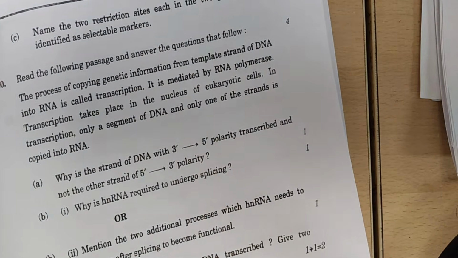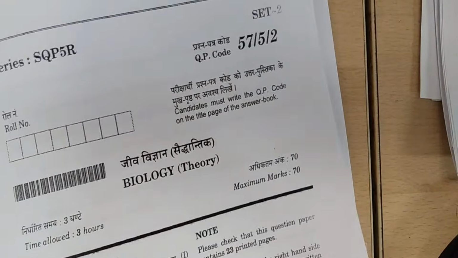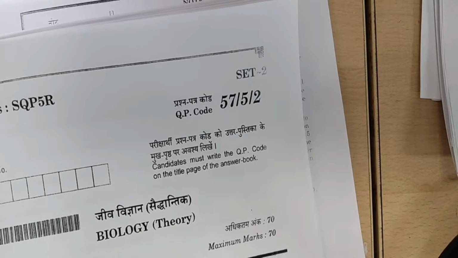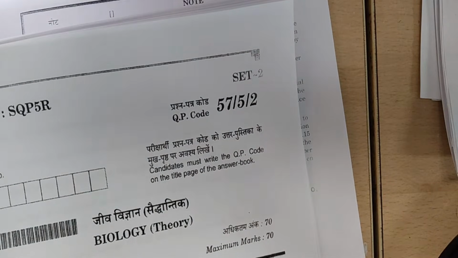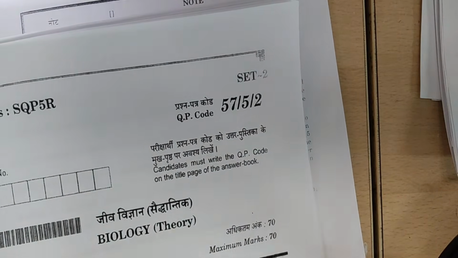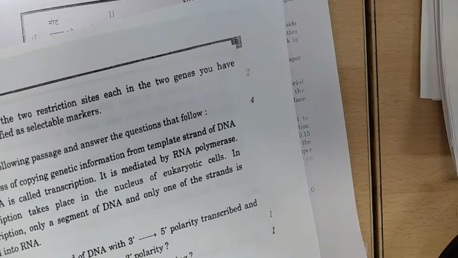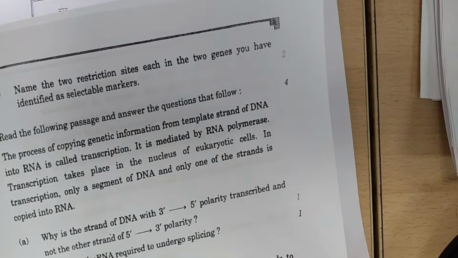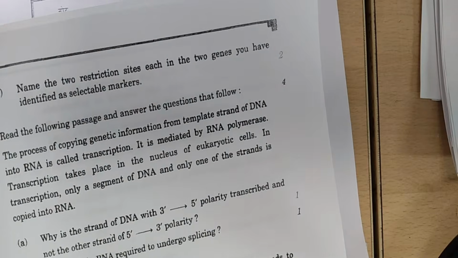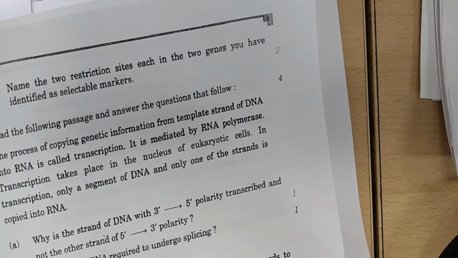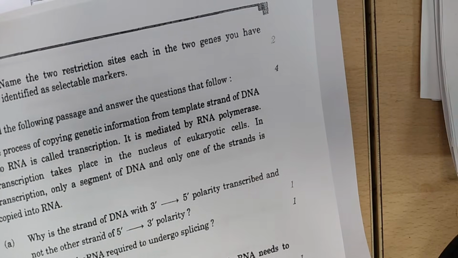Work out the separate monohybrid. No, we are not having 3 right now, beta. We are working on set 2. This is set 2. Five marks question. Yes.